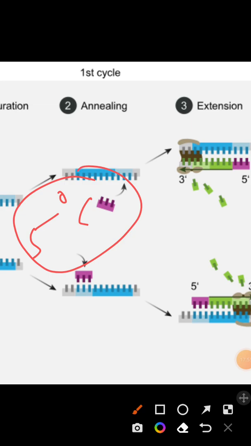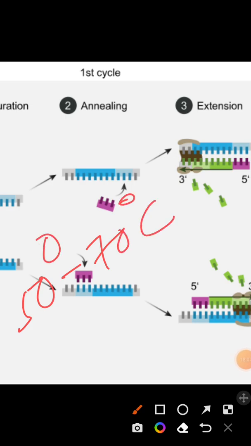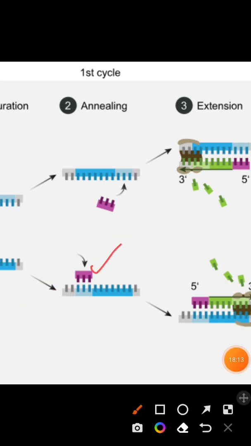The annealing temperature will be 5 degrees centigrade below the Tm value of the primer. In general, it is normally kept between 50 to 70 degrees centigrade, again depending on the Tm value of the expected DNA duplex, that means the duplex formed by the primer and the complementary 3' end of our gene of interest.